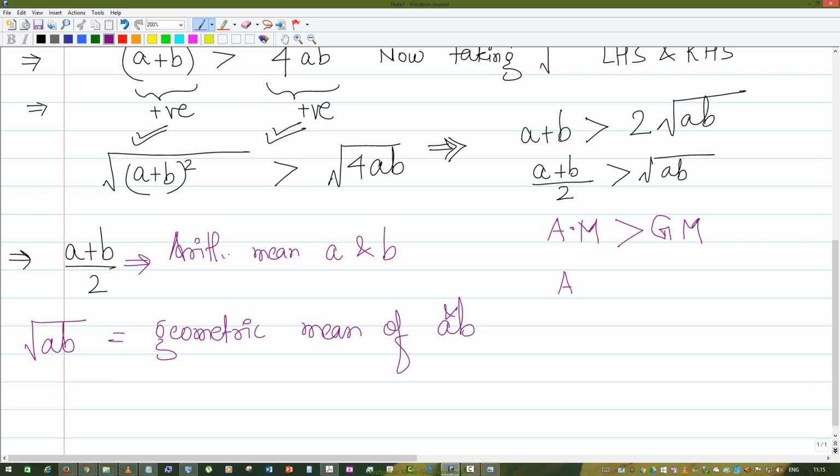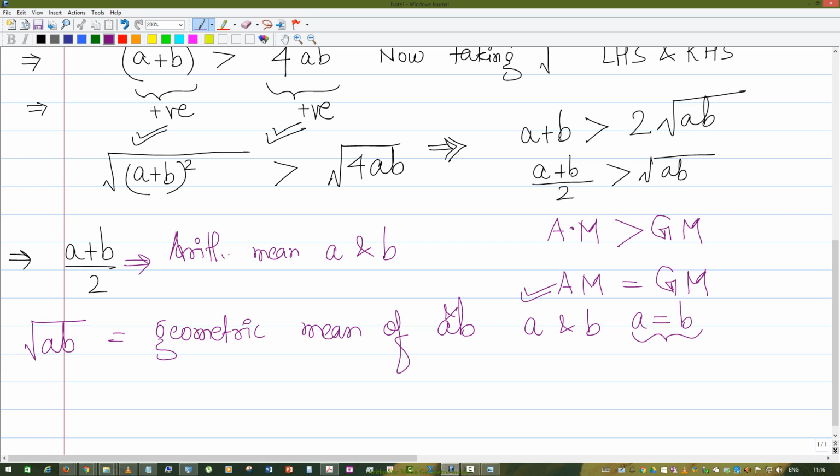The only condition when arithmetic mean will be equal to geometric mean is when a is equal to b, when the two quantities coincide, that is they are the same.